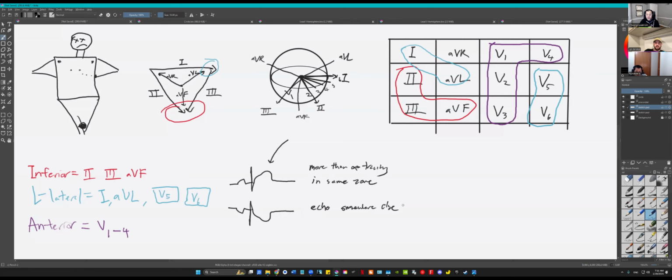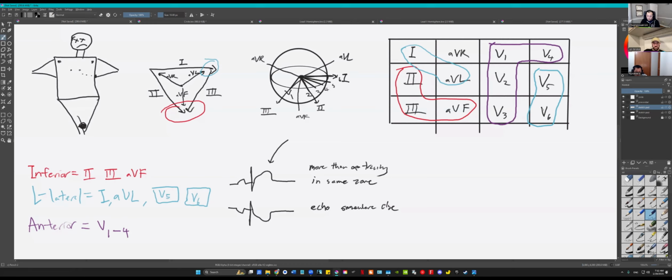Now, for the left lateral leads, it's especially important. If you see a STEMI in AVL and V6, that's the same zone, even though on the page they're not contiguous. Very rare, but sometimes this happens.